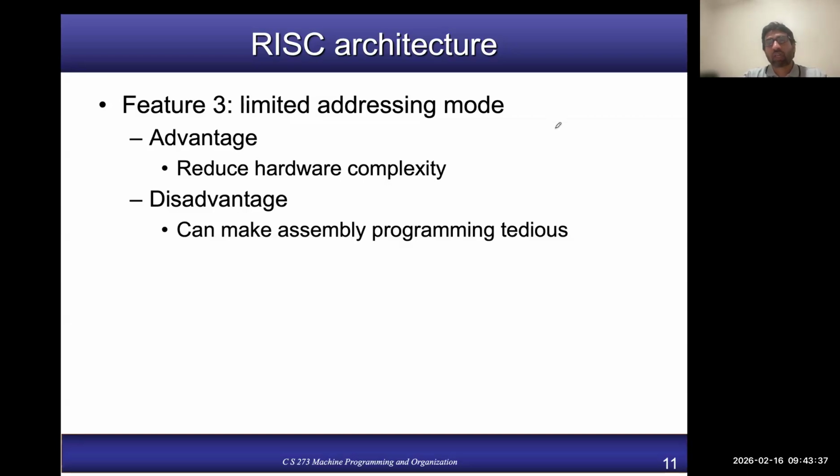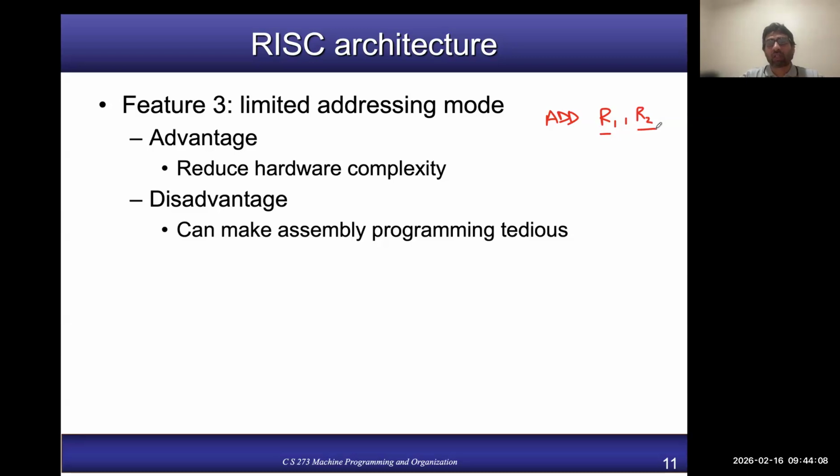For example, when you say instruction add R1, R2, here you are saying add the content of R1 and R2. So how are you specifying the operands? You are specifying the operands through registers R1 and R2. So this is known as register addressing mode. This is one mechanism, one way of specifying the operands.